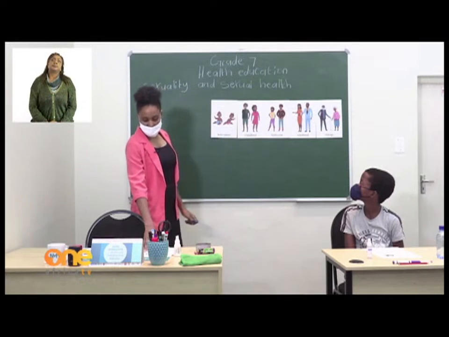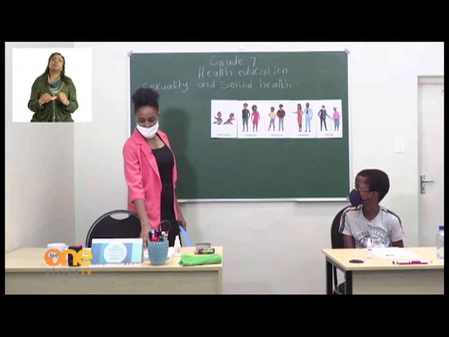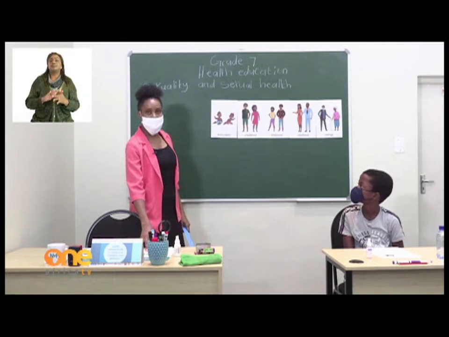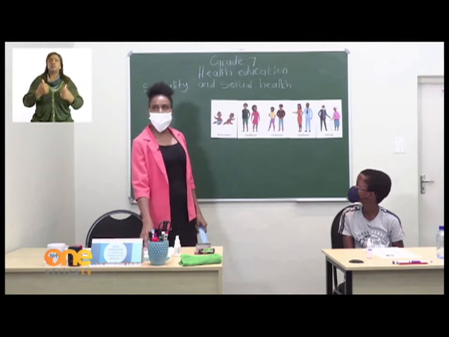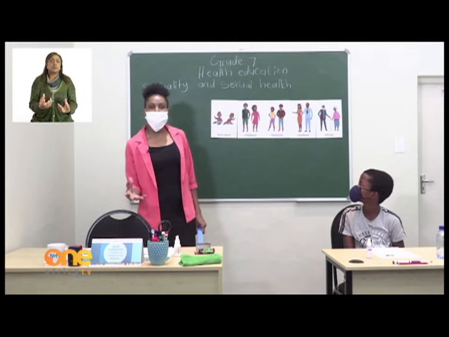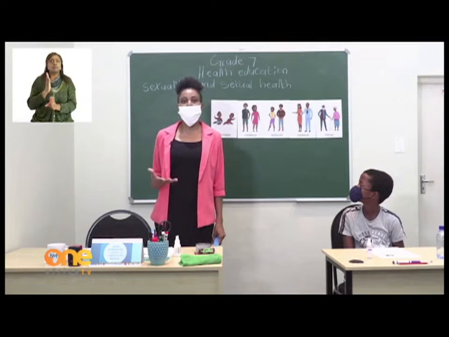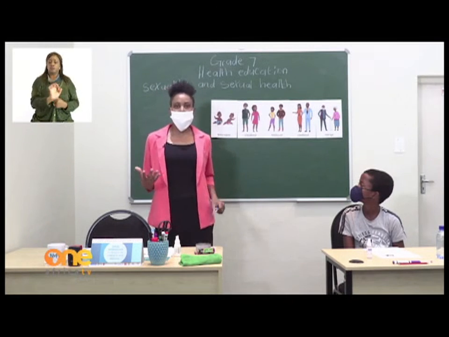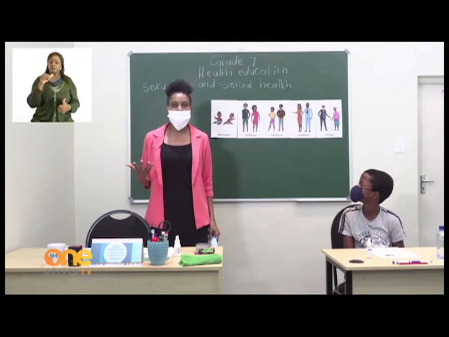Now, let's move on to the sources of information and support about sexual health and sexuality. You know, as young children, as adolescents, you need to have information on sexual health and your sexuality. But your friends are not really that well equipped with information.